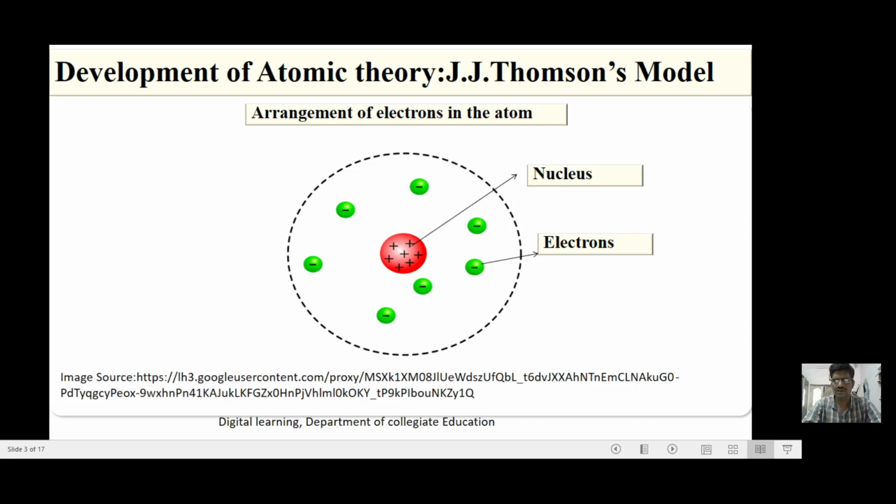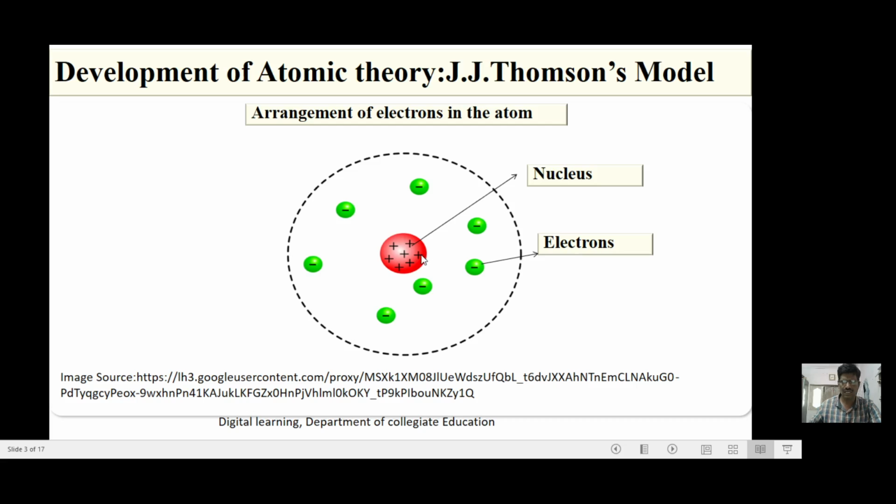So, first of all, we have to know the atomic model, how it was developed, and the development of atomic theory by J.J. Thomson's model. This indicates the structure of the atom, and the arrangement of electrons is also shown here. At the center there is a nucleus, and surrounding the nucleus there are a number of electrons.